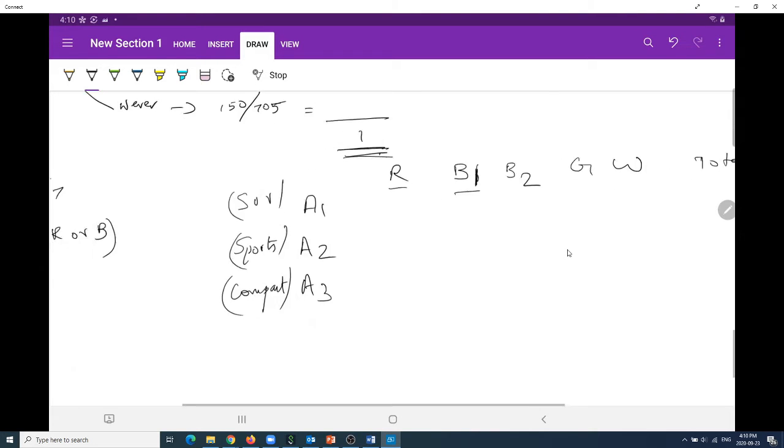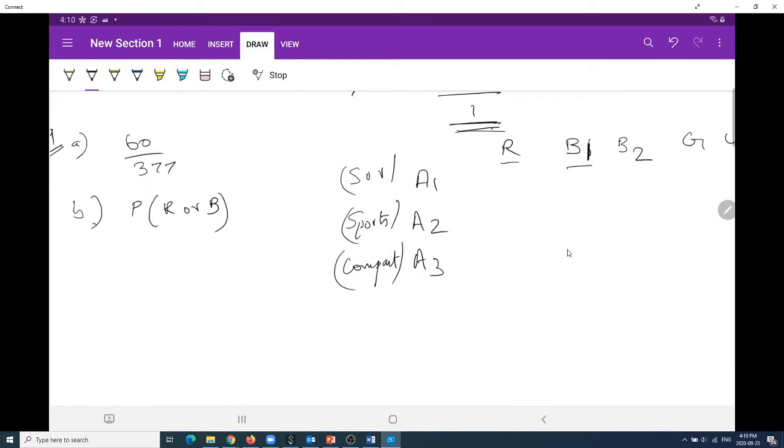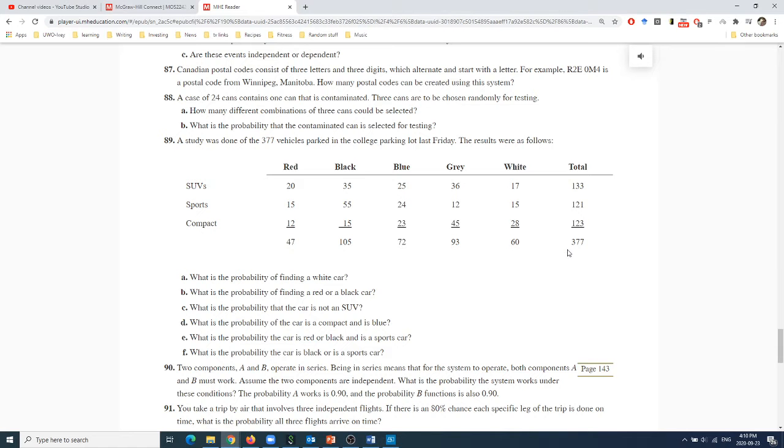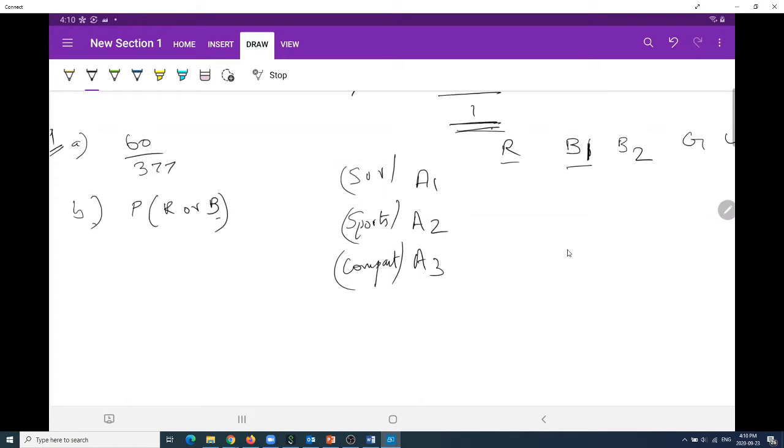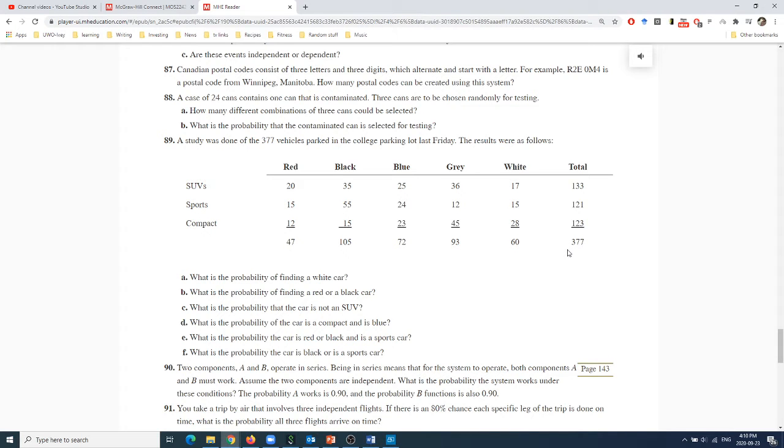So now it's the probability of red or black. And this means, what's the probability of a red or a black car? This will be the probability of a red car plus the probability of a black car, subtract out the intersection between them.